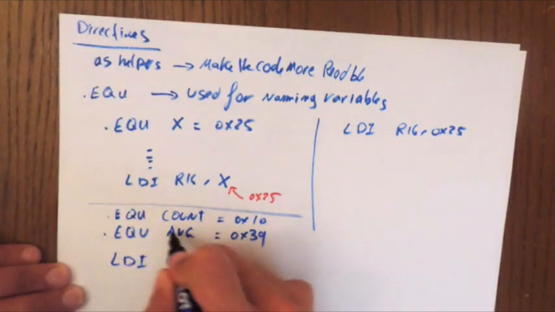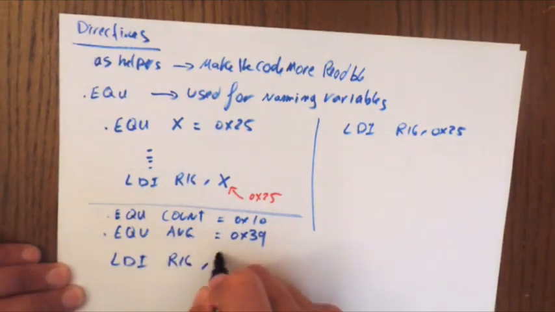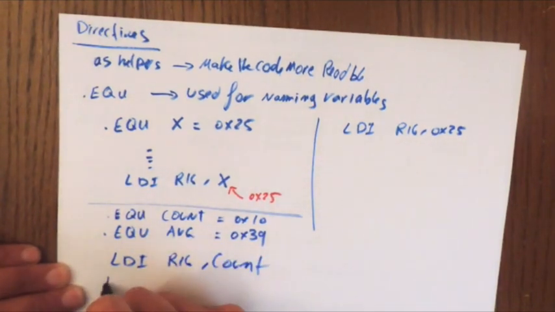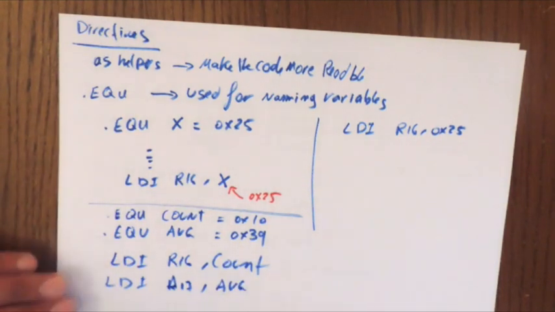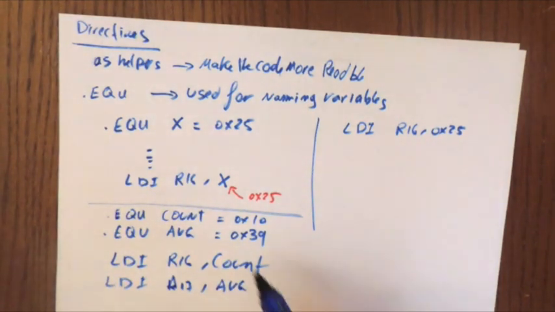So now these are constants, count and average, substituted by 0x10 and 0x39. I can use as many as I want, and I can use whatever data format I have.